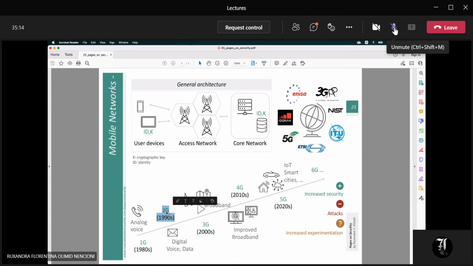Okay, it's not legal if you're using bandwidth that is bought by network operators, of course, or you need to pay a license to use it. But you can work in a protected environment.